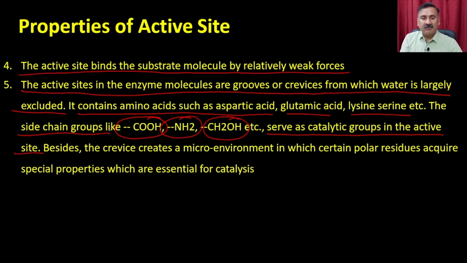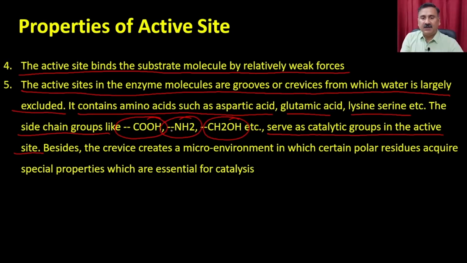So many of these groups facilitate either the extraction of protons, or the extraction or exchange of electrons from the substrate to the product, because you know that the substrate is getting converted into the product simply by the breakage of some bonds and the formation of a few bonds, right? So that is the purpose of having these functional groups.